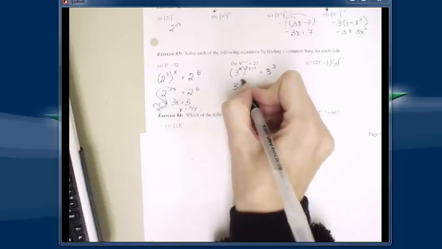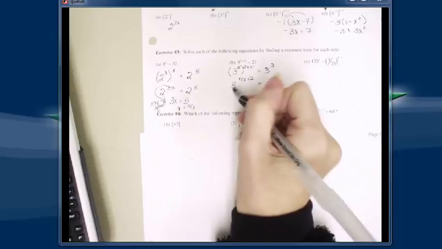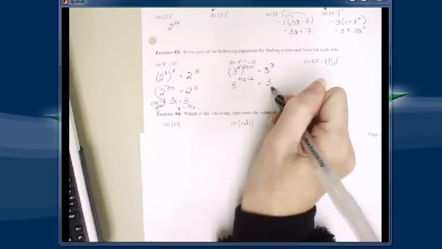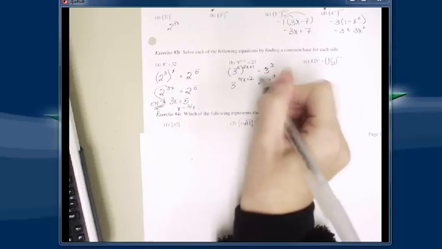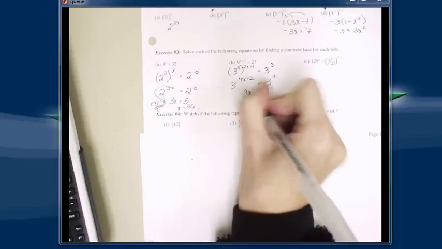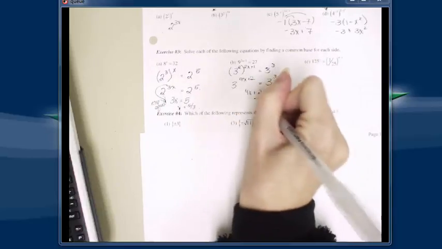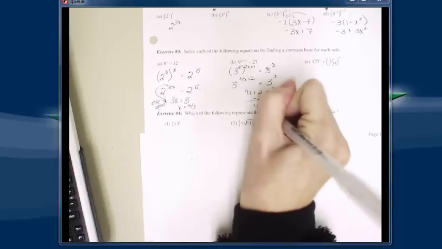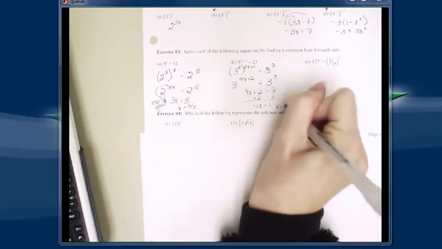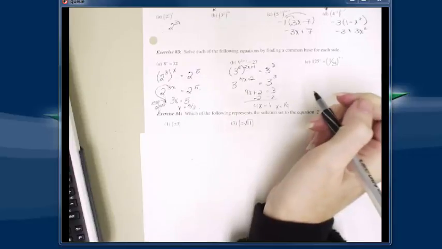So I have 4x plus 2 equals 3. Last, bases are equal. Therefore, exponents are equal. So 4x plus 2 equals 3. I'm going to solve. Subtract 2. 4x equals 1. Divide. And there I am.